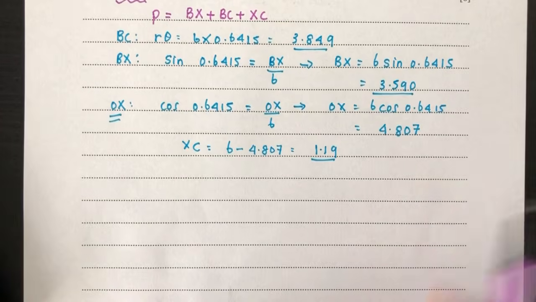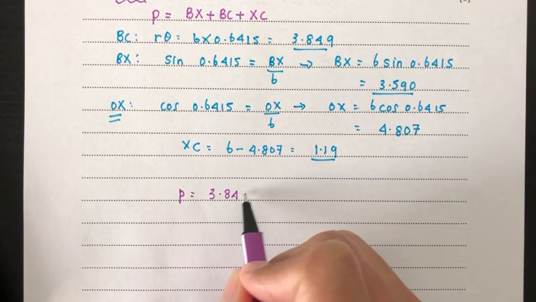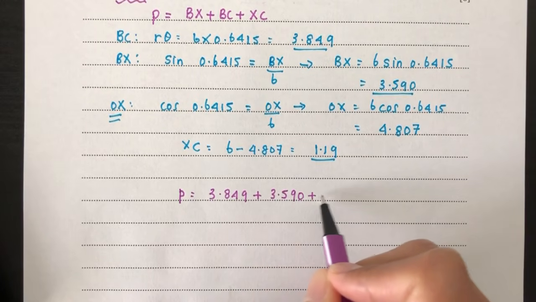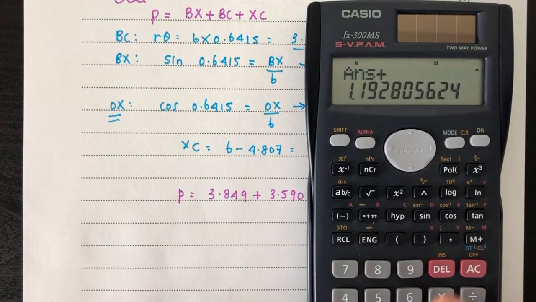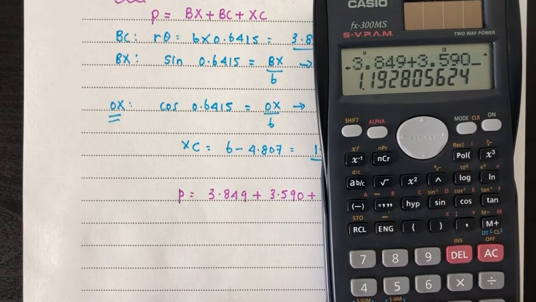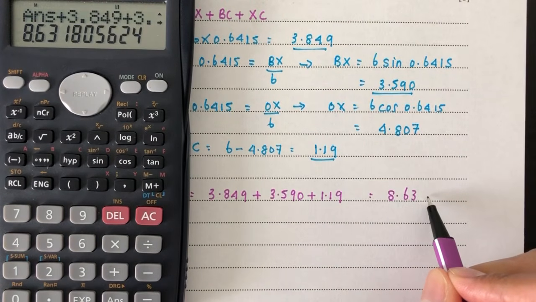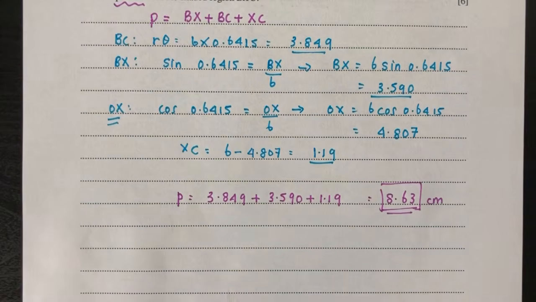P will be 3.849 plus 3.590 plus 1.19. That becomes 8.63. This is the value in centimeters. So this will be your answer for question number 8.